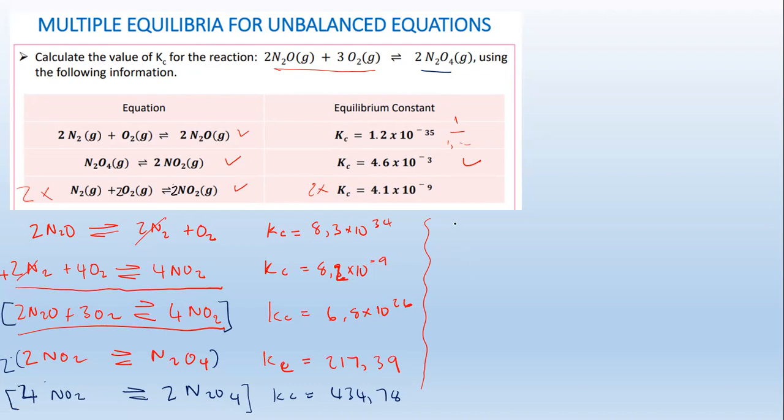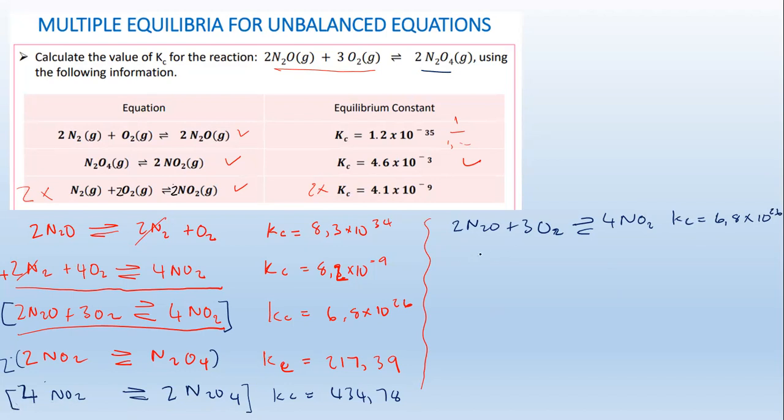Let's add them together. So we have 2N2O plus 3O2 to give 4NO2. And the Kc for this one is going to be 6.8 times 10 to the power 26.